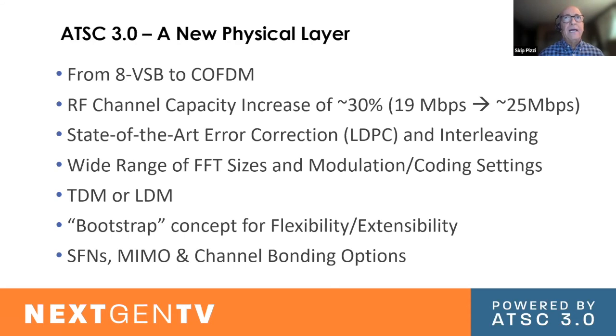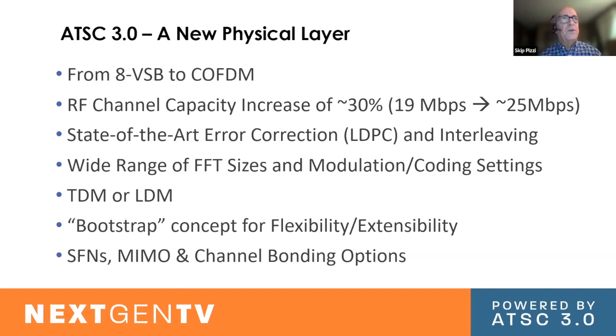And the system itself was designed with an actual mandate, in fact, a requirement to increase the channel capacity. And the target was 30%, and basically they've made that and then some because of its flexibility.